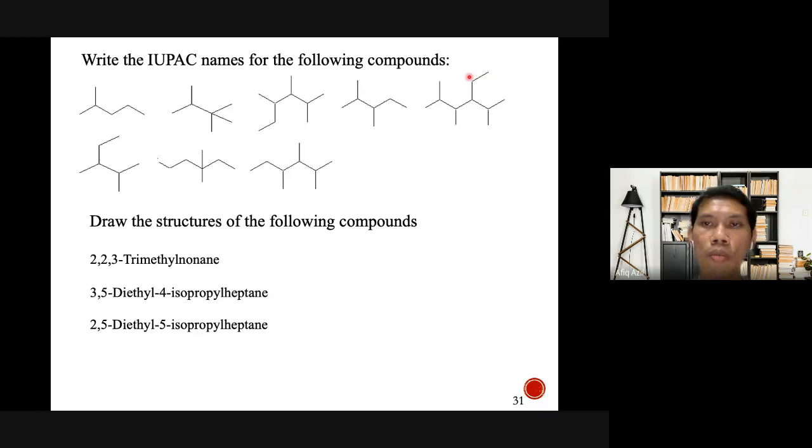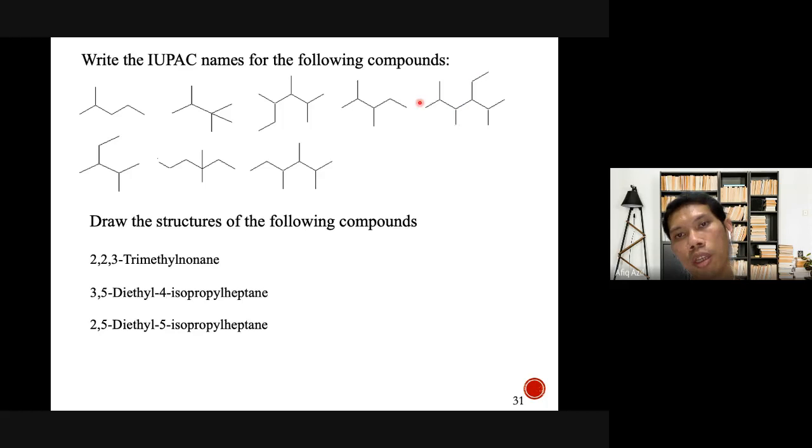So between ethyl and methyl, this will have higher priority. If you start from here, number 2 and number 3 will be for the methyl groups. But if you start numbering from this side, this methyl will be carbon number 2, but the ethyl here will be at carbon number 3.